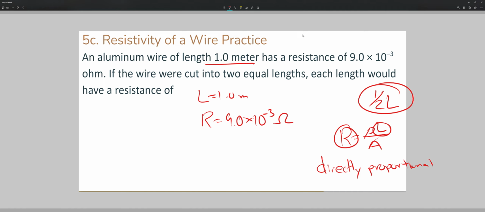My original resistance was 9.0 times 10 to the negative 3 ohms. So my new resistance of this wire that's cut in half is going to be this divided by 2, which gets me 4.5 times 10 to the negative 3 ohms.